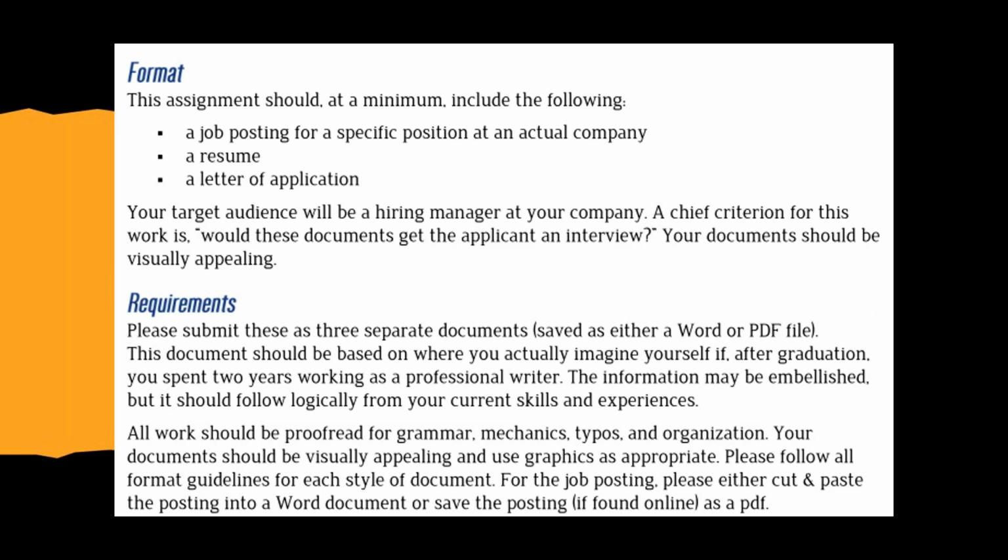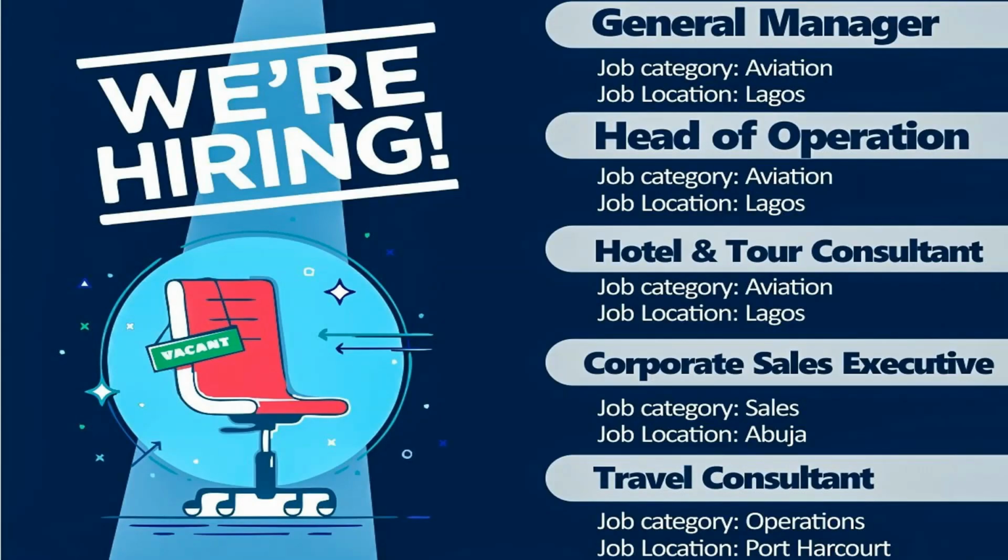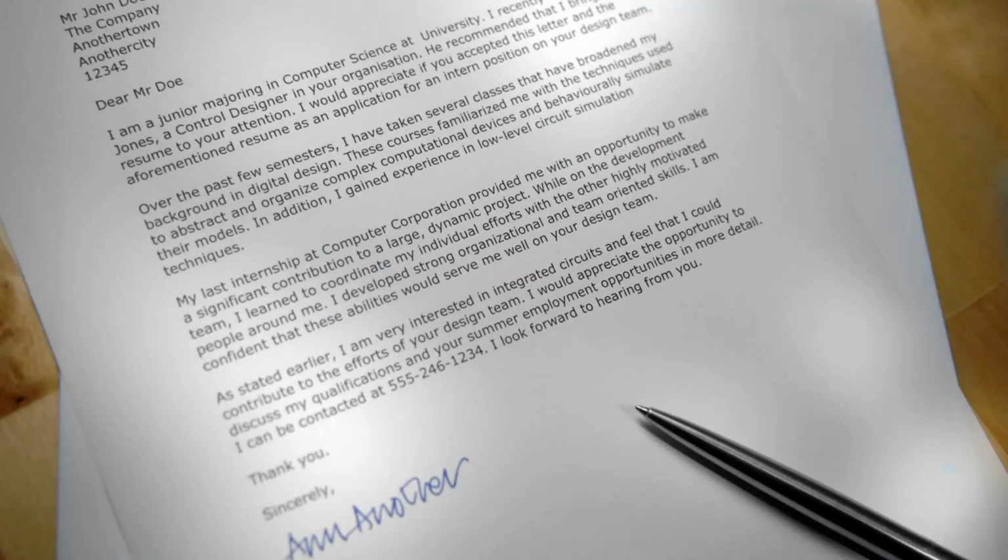We're going to talk about all the job application documents in more detail in a later video, but just as a brief overview, the job posting is what they want, the kind of needs that the company has. The letter is you saying why you're the perfect candidate for the job, drawing connections for them.